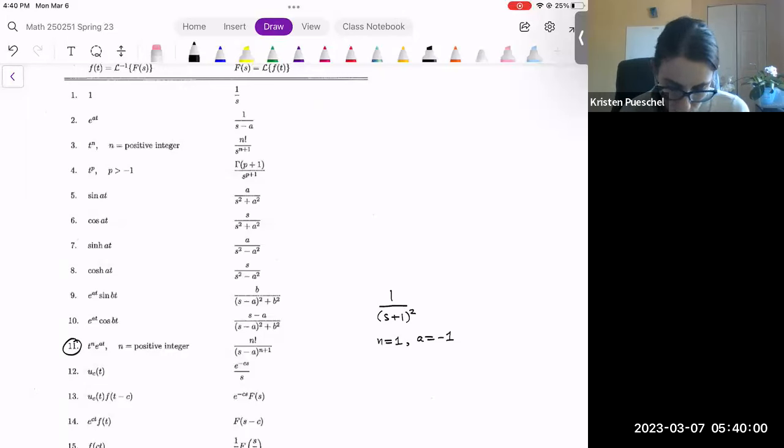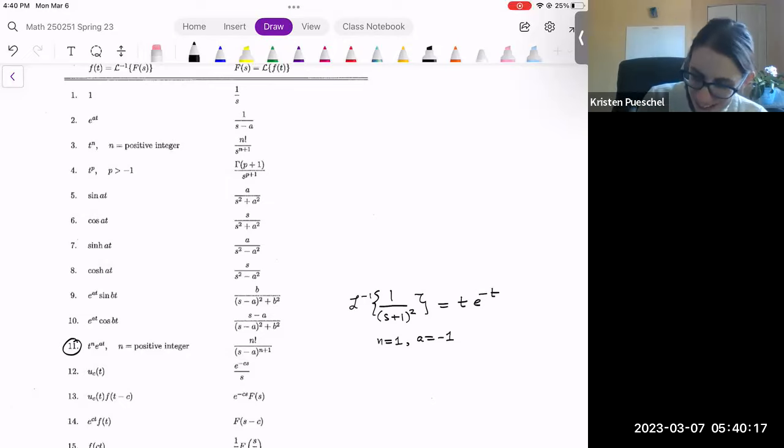Okay, so our inverse Laplace transform of this term is going to be t to the 1 e to the negative t. That's great. So t e to the negative t.